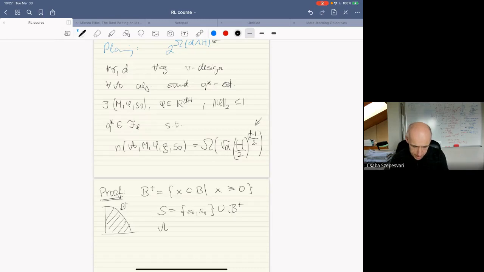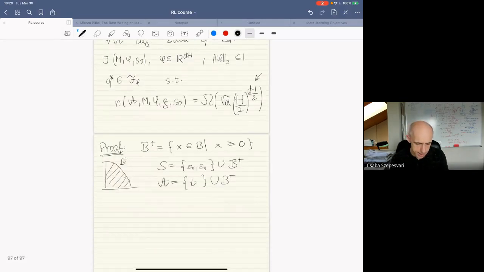The action space is going to be some action T, which is for terminating, and then all the actions in B plus. And the dynamics is going to be funkier in this case.